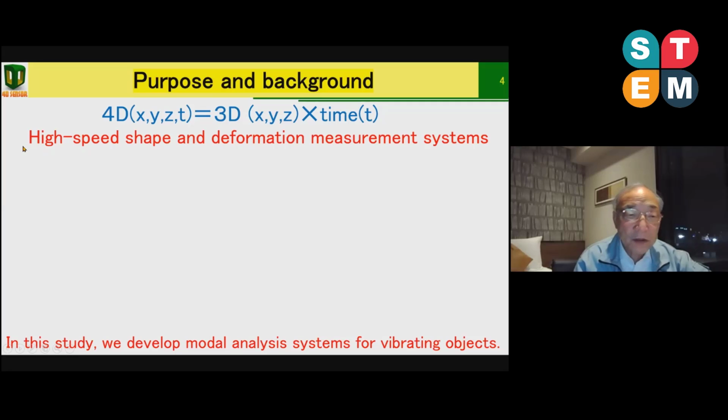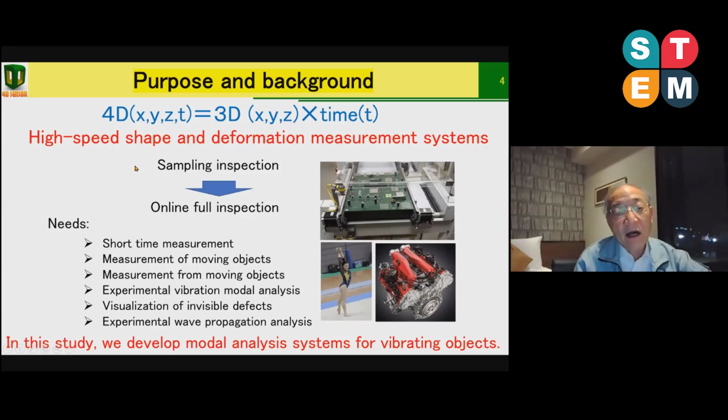So we developed many high-speed shape and deformation measurement systems. In factories, sampling inspection is very popular now. But by using our method, we provide an online full inspection method.